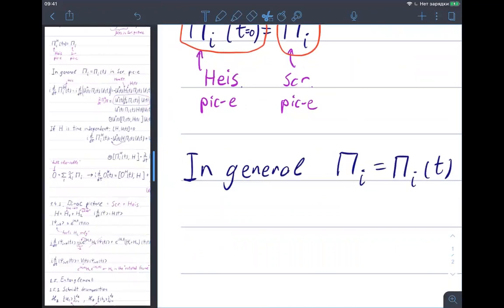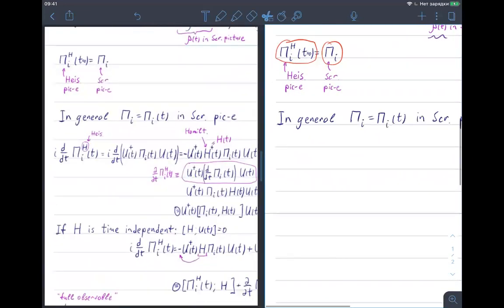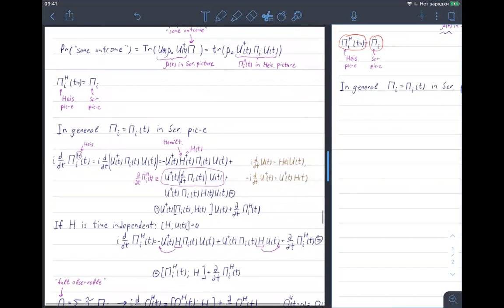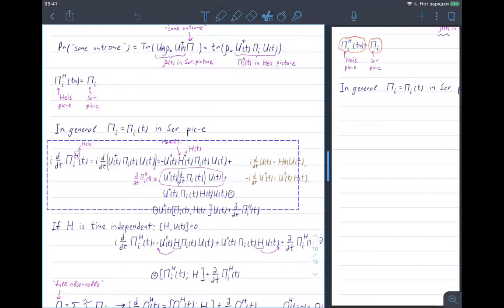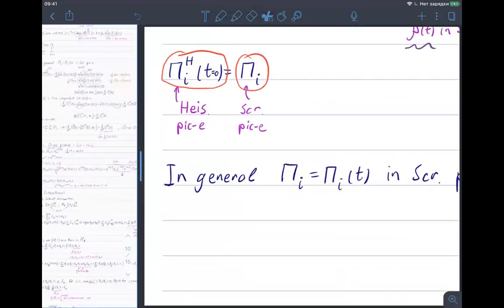So even in the Schrödinger picture, your operator can depend on time, and it's okay. And if we would like to derive the equation on the evolution in the Heisenberg picture, we can just take its derivative. So let me move this derivation.